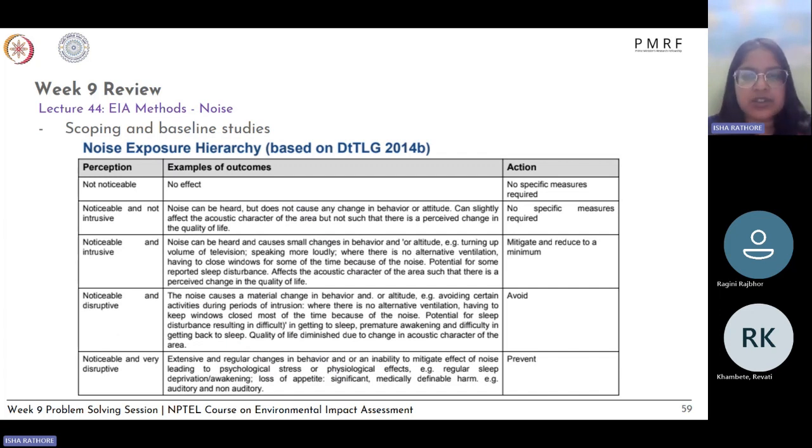It can make you more irritable, or there can be an inability to mitigate the effect of noise, leading to psychological stress or physiological effects like regular sleep deprivation or awakening, loss of appetite, and significant medically definable harm to your auditory functions. So the action advised for this kind of noise is preventive: you need to prevent any such noise from happening. This is the noise perception, or noise exposure hierarchy.